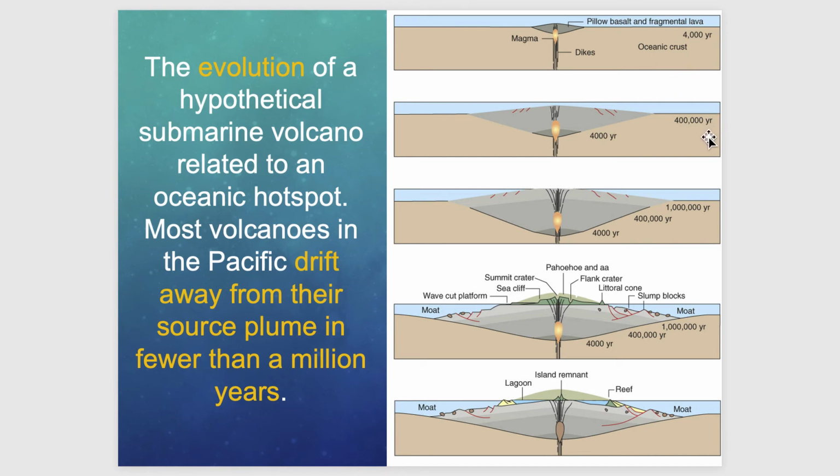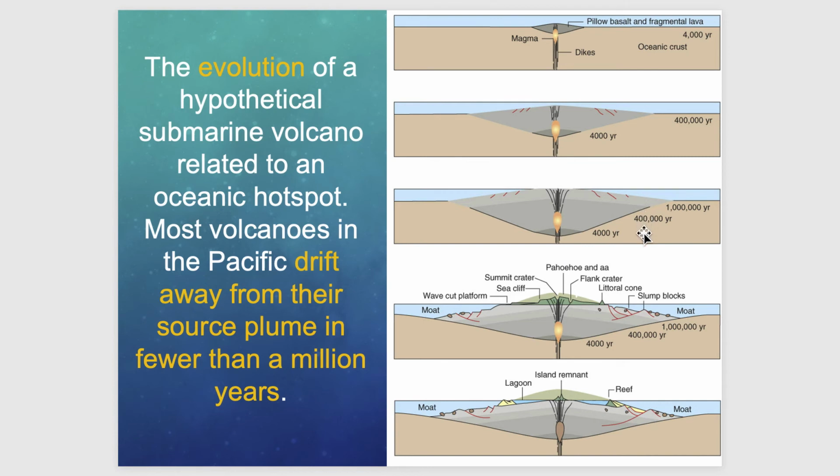After approximately 400,000 years, you are still developing the shield significantly, and you start to have the development of more extensive sheeted dike systems on top, as well as sets of normal structures that are stabilizing the flanks of the volcano.